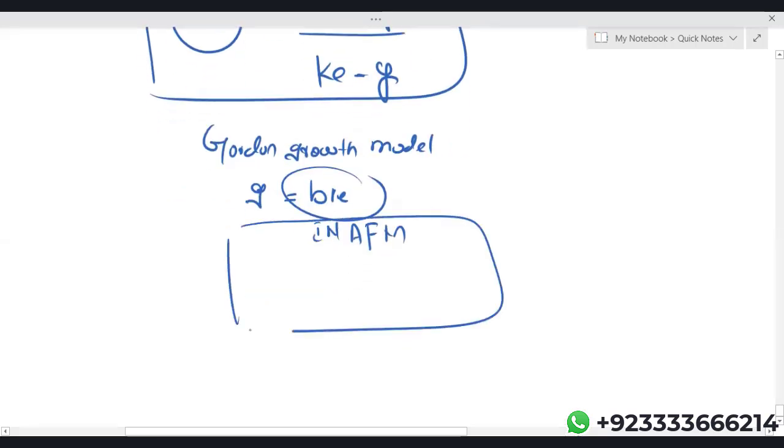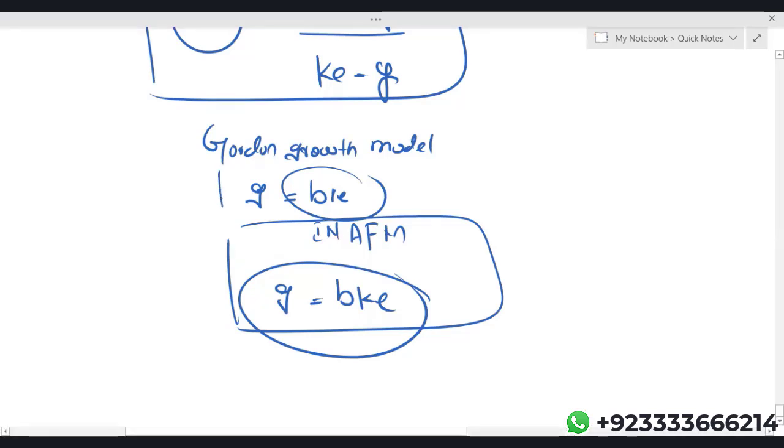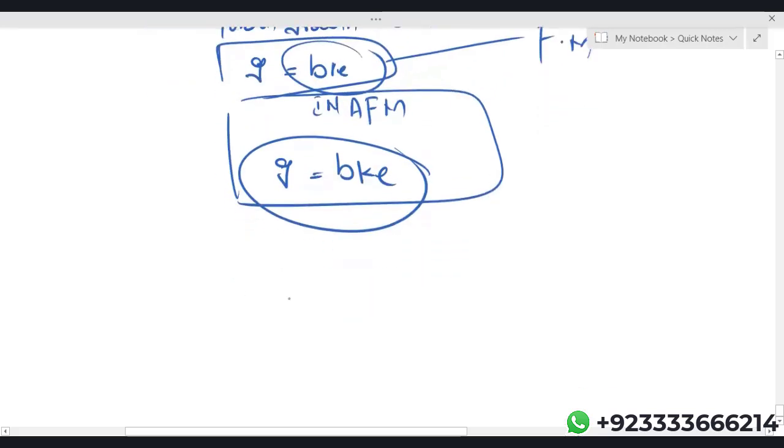In AFM we say G is equal to bKE. In advanced finance this is what we use, G is equal to bRE, where RE is return on equity, in FM. But in AFM, students, please never make a mistake. In AFM, we replace RE with KE. So G is equal to bKE. KE, we know, is the cost of equity. b is the retention ratio.